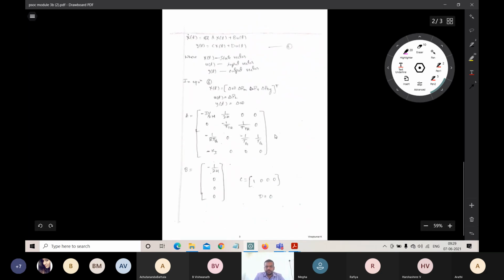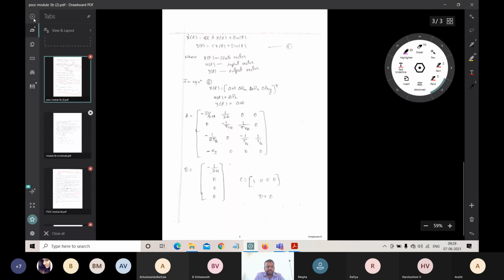They can ask 3 to 4 different types in your examination. So this is about the state space model of an isolated system. We will solve some numericals based upon this.